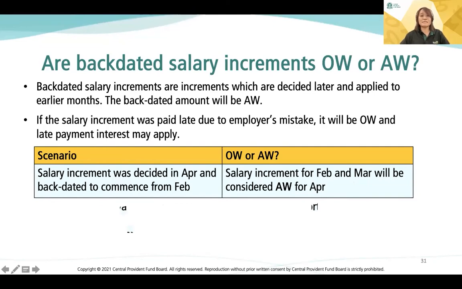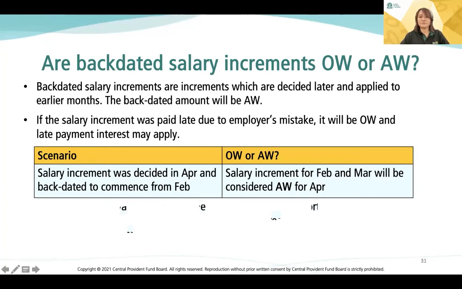You realize the mistake in April, and then you will need to pay the CPF shortfall for February and March. In this case, the payment of the CPF shortfall for February and March will be considered for OW, and there will be late payment interest incurred because this is considered a mistake that you made.